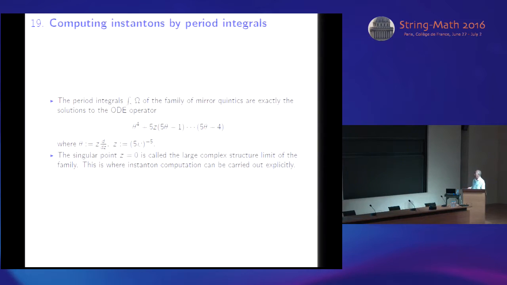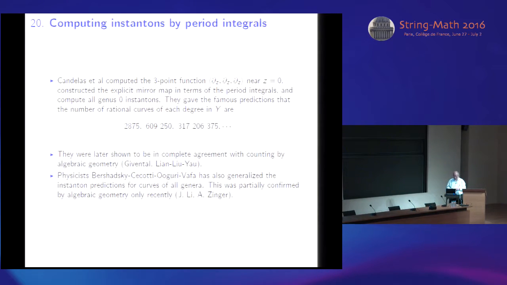So the singular point, where psi equals infinity or z equals 0, is called the large complex structure limit of the family because of the unipotent action of the monodromy group. This is how we define large complex structure limit in algebraic geometry: the monodromy group is maximal unipotent.